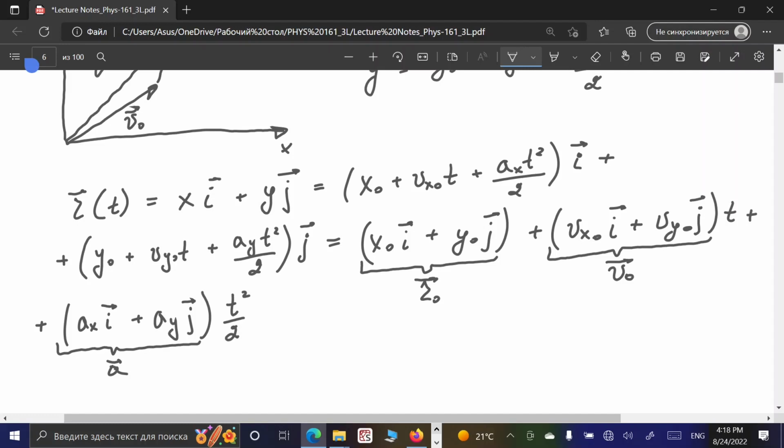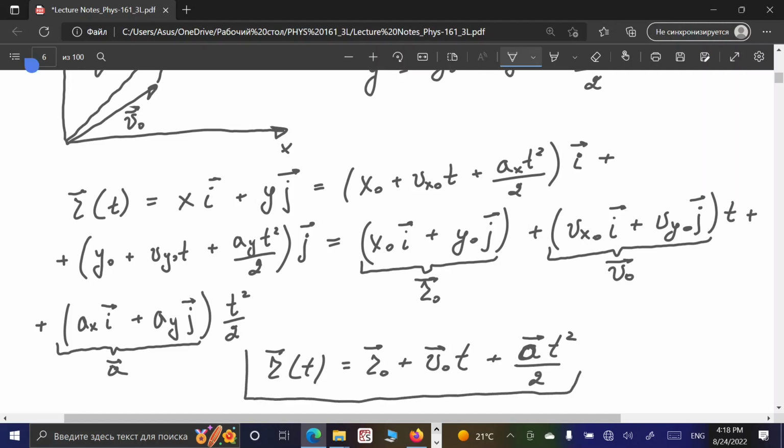So eventually we can write that position vector as a function of time is equal to initial position vector plus initial velocity vector times time plus our constant acceleration vector times time squared divided by 2. So this is the kinematic equation in the vector form.